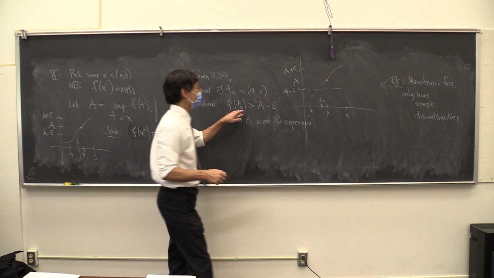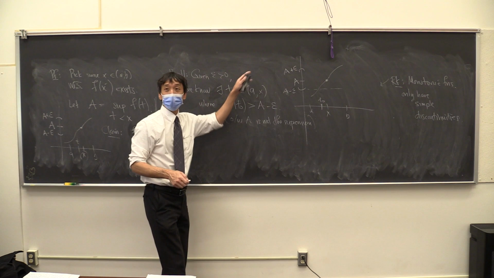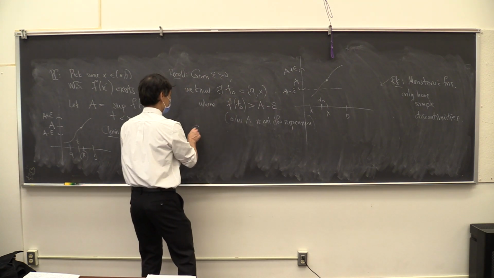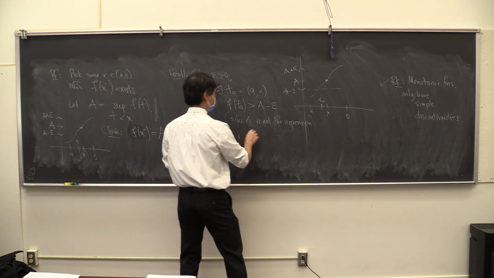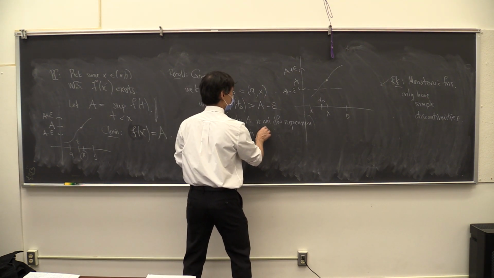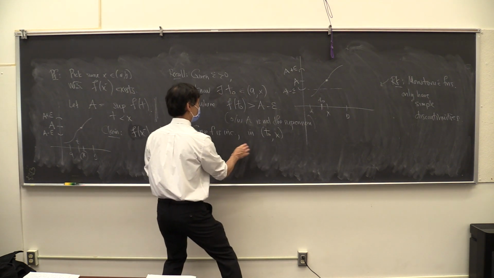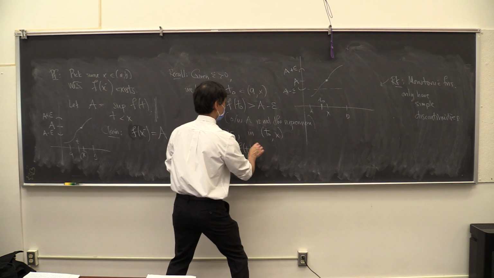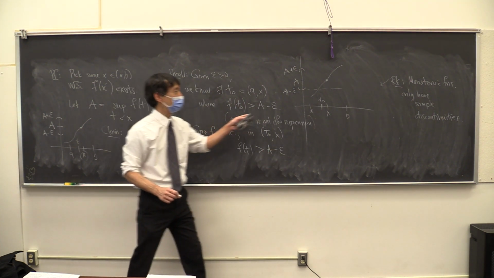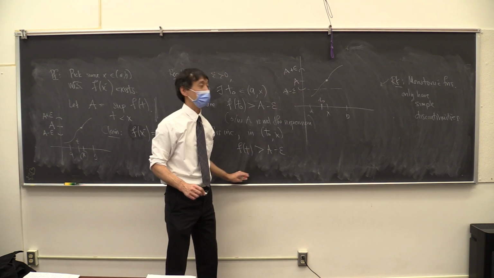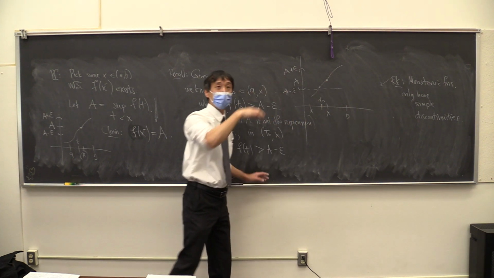So we know that there's some place where you exceed A minus epsilon, but the function is increasing, so in (t naught, x), f of t is bigger than A minus epsilon. Everybody in there is going to be bigger than A minus epsilon, because at this point you exceeded it, and you never get any smaller afterwards.